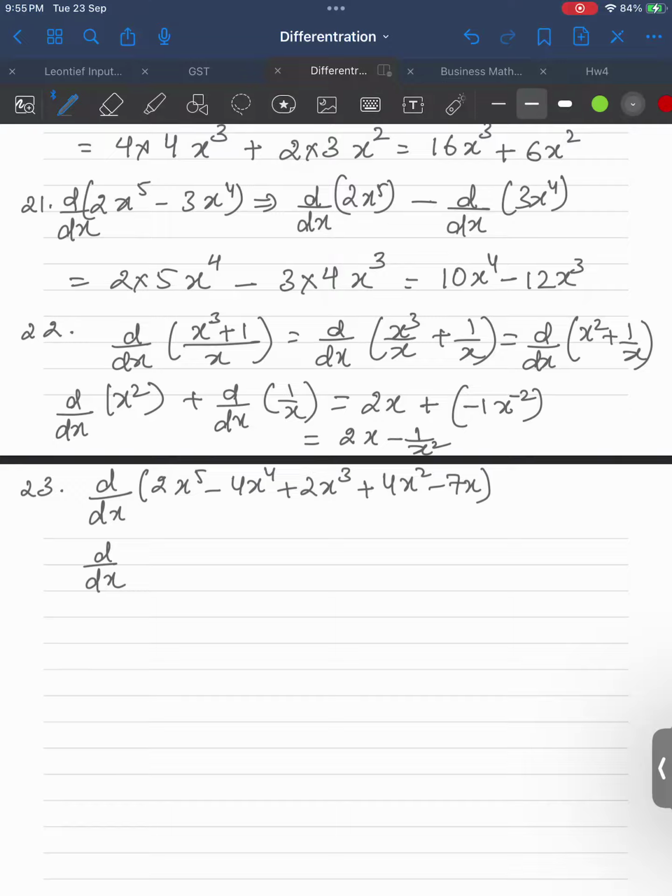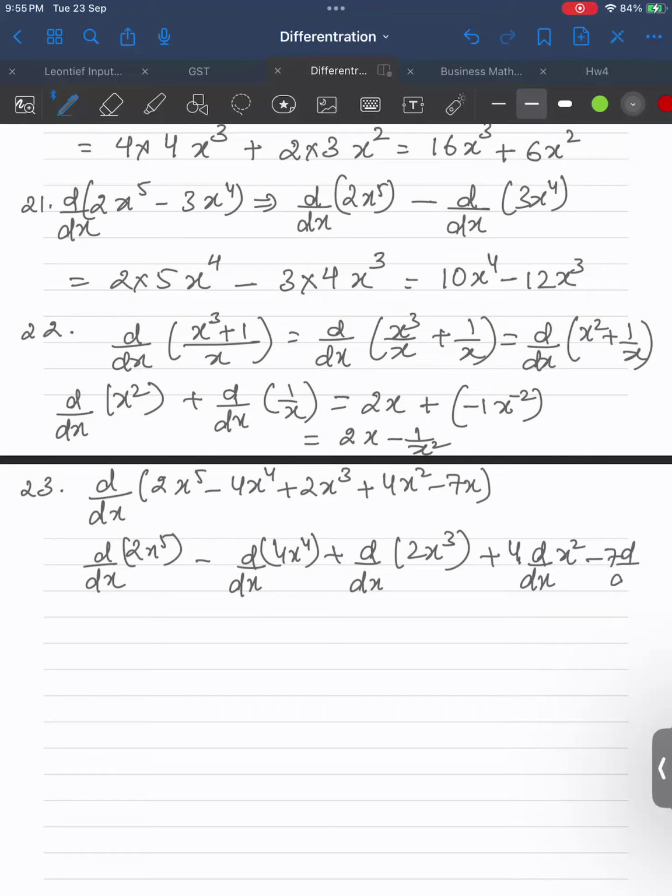Again the rule, d by dx 2x power 5 minus d by dx 4x power 4 plus d by dx 2x power 3 plus 4 d by dx x square minus 7 d by dx x. I can write it before or after, doesn't matter. It will become 2 into 5 x power 4.